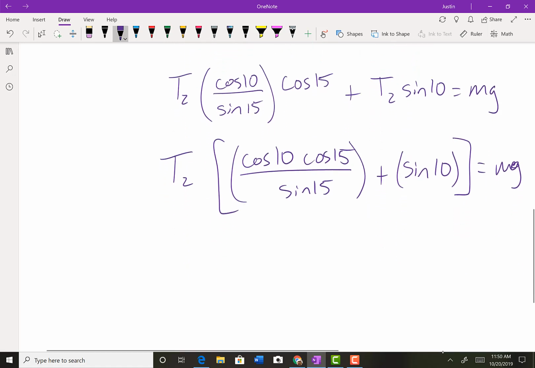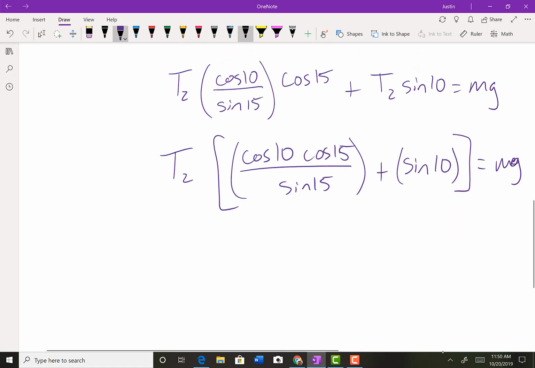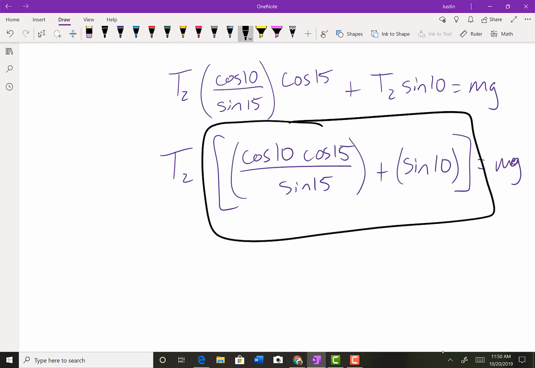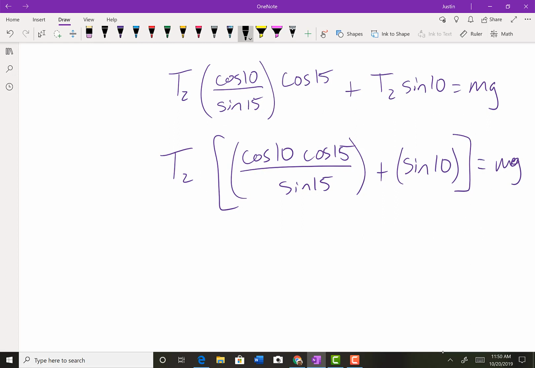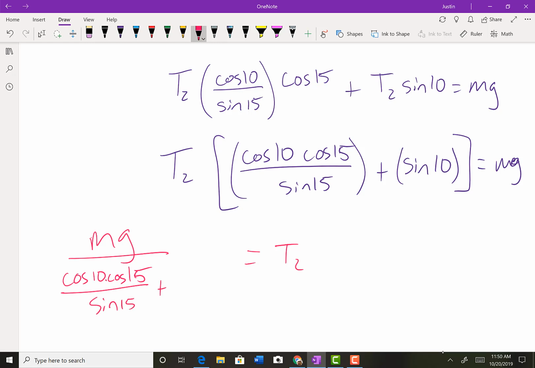Last thing I need to do is just isolate T2, so I've got to divide by all of this. So that's going to give me T2 equals mg over cosine of 10, cosine of 15 divided by sine of 15, plus sine of 10.